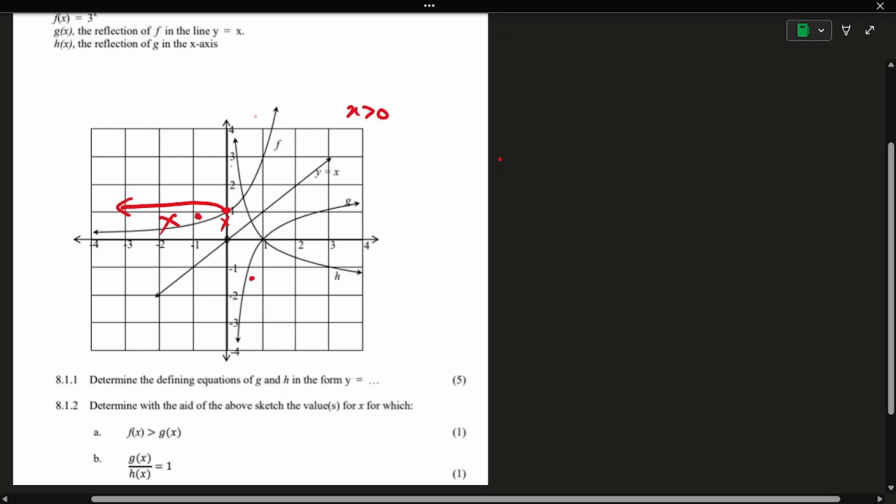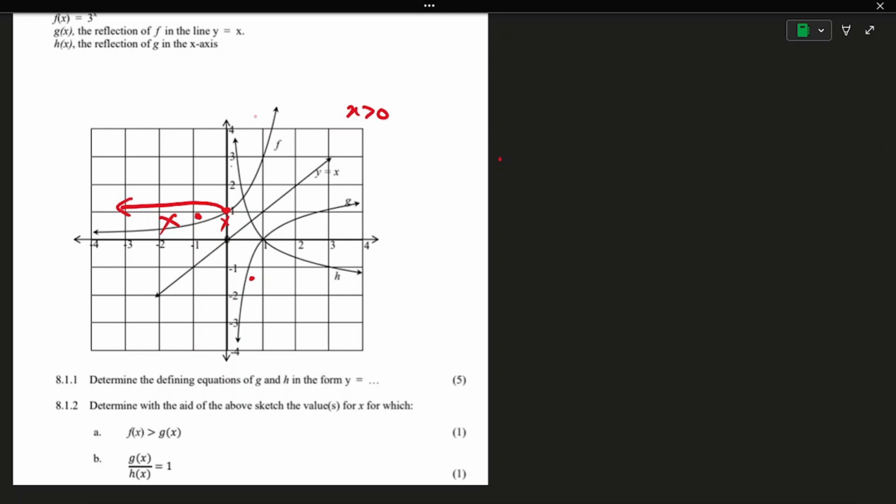And that's our answer. f is greater than g when x is positive, not when x is greater than or equal to 0, because when x is equal to 0, g does not exist. We are only looking at where both graphs exist, and they both exist when x is positive. Just like that.